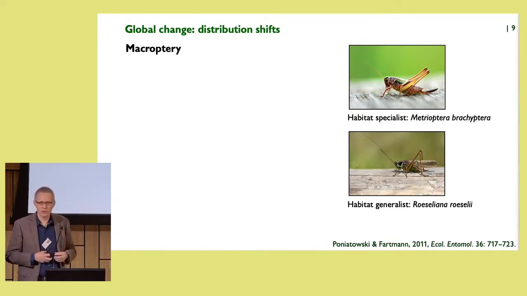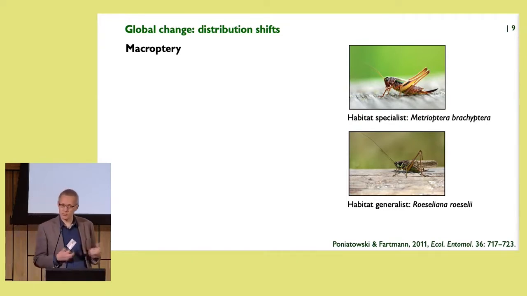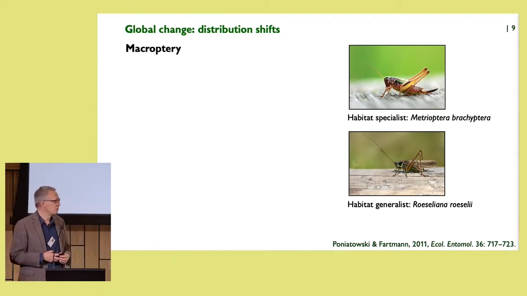Now we wanted to connect this with global warming, with climate change. Why do we now more often observe such long-winged individuals? How is it linked with climate change?